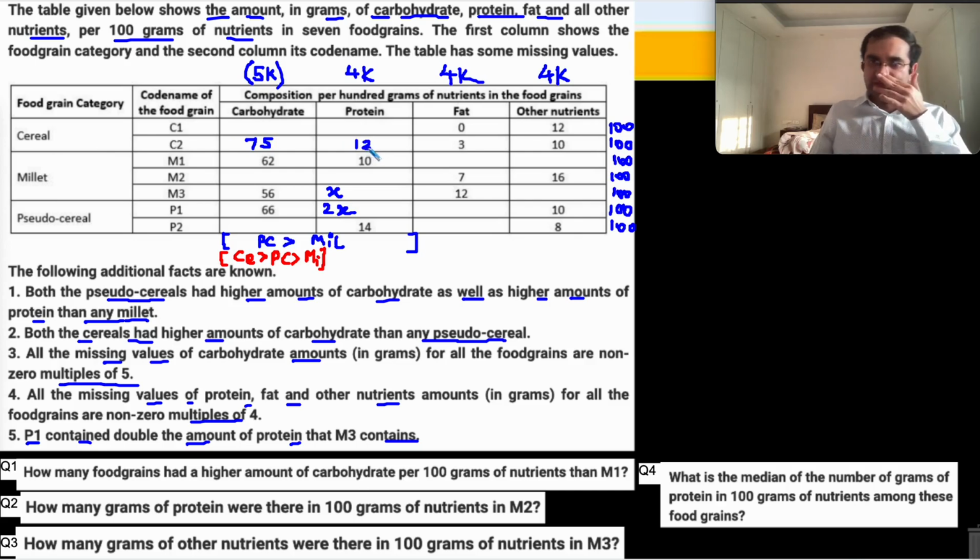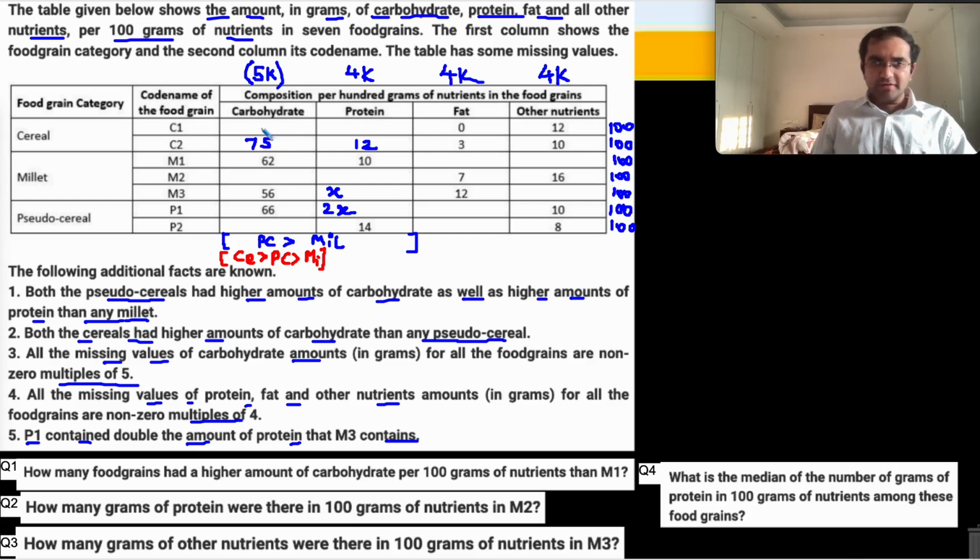Now we'll check is there any other value that we can put. If I add 5 here, it will become 80. This will become minus 5 to maintain the same constant, so this becomes 7. 80 and 7 is not possible. 85 and 2 is not possible because 2 is not a multiple of 4. So this is the only possible value for C2. C2 is now complete.